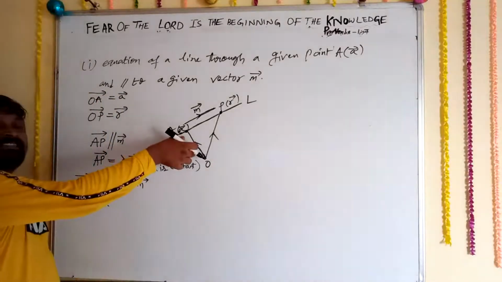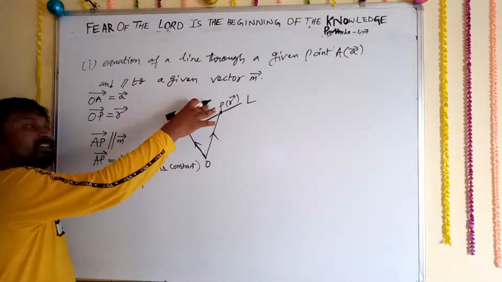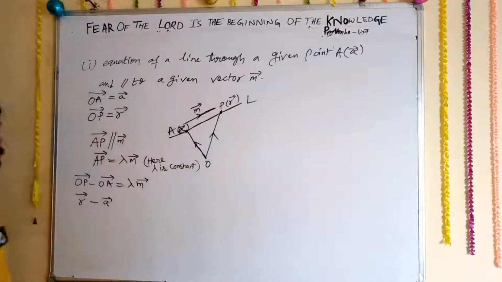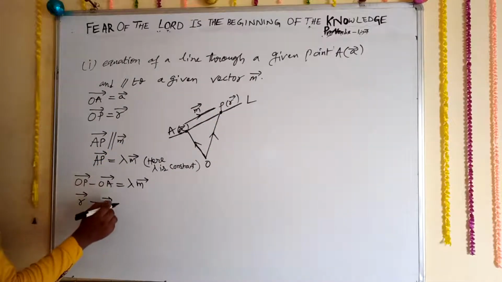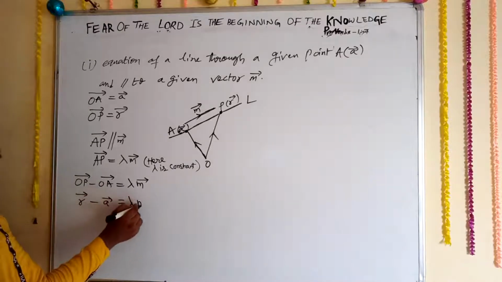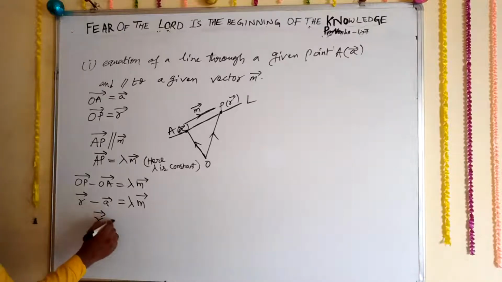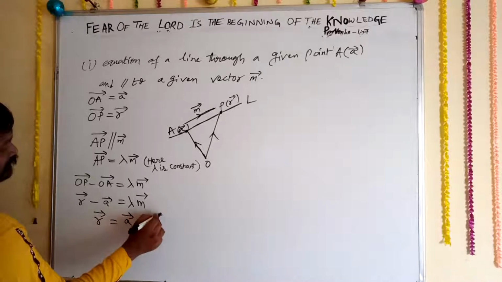Remember, OA is a, OP is r, and the m vector is parallel to the line L, that is AP. So OP means r, OA means a, equal to lambda m vector. Now the minus goes to the other side as plus, so we can write r vector is equal to a vector plus lambda m vector.